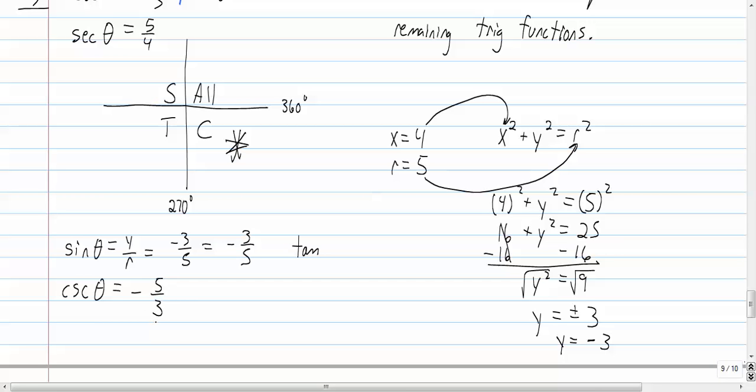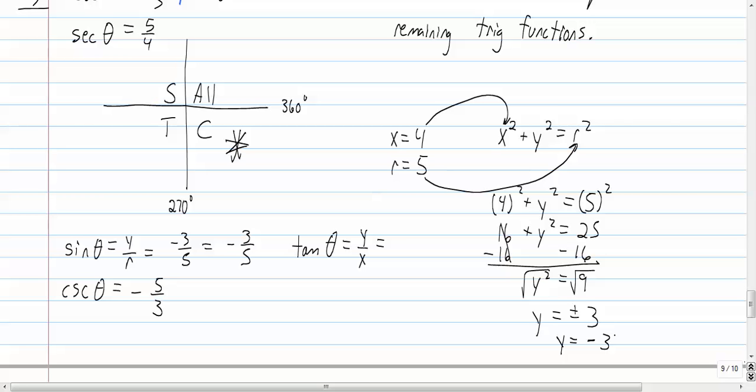Just find the reciprocal. Now we have a lot of different ways to find tangent. We can find tangent with x, y, and r really fast, or we could say it's sine divided by cosine. Students usually don't want to divide fractions if they don't have to, so let's just use x, y, and r. Remember, tangent is y divided by x.